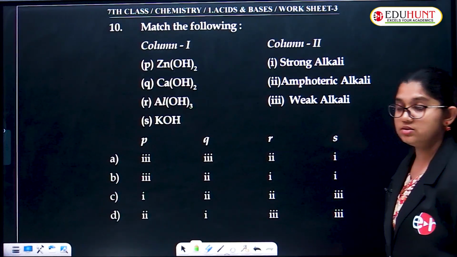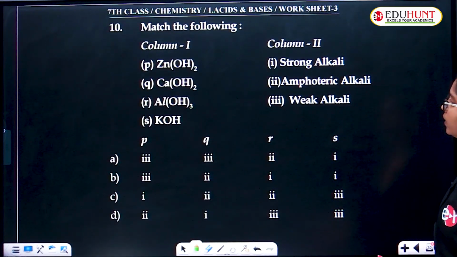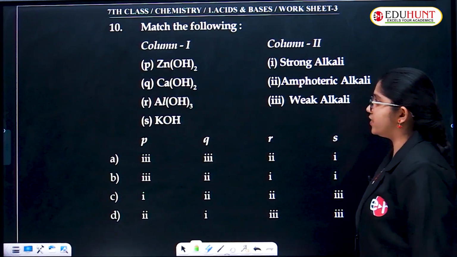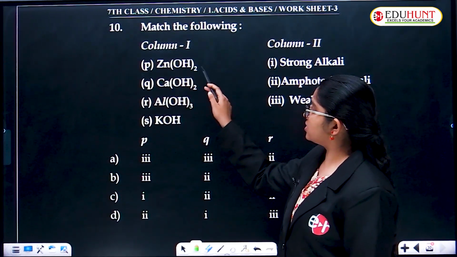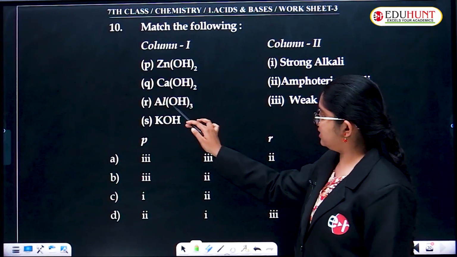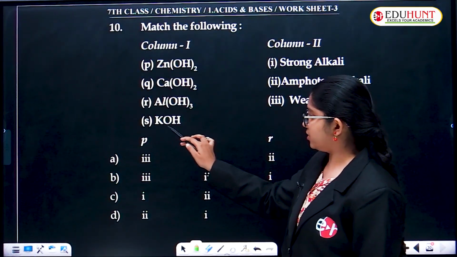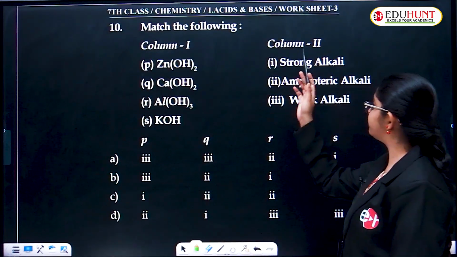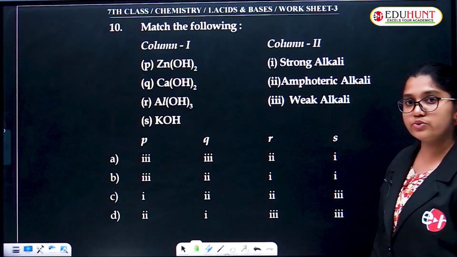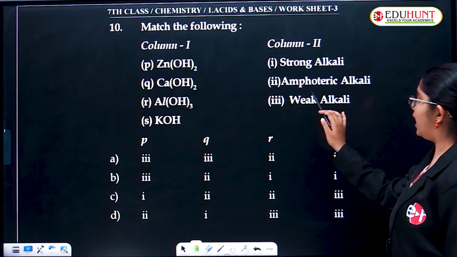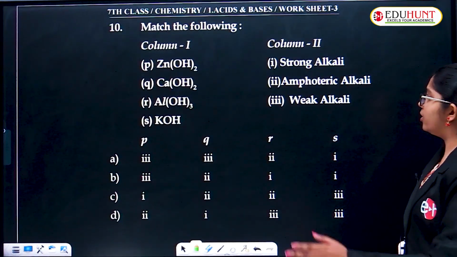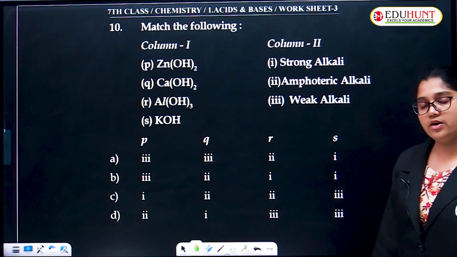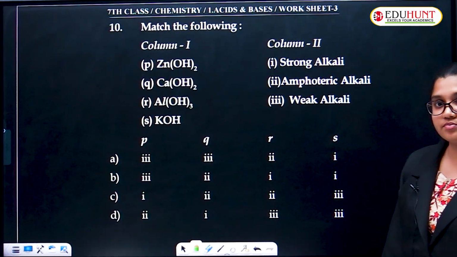Now moving to the next question. Okay, the last question. We have matching, column 1 and column 2, over here. So let's find out. We have four items P, Q, R, S: zinc hydroxide, calcium hydroxide, aluminium hydroxide and potassium hydroxide. In column 2 we have 1, 2, 3: strong alkali, amphoteric alkali, weak alkali. Okay. Children, you know about strong and weak, but do you know about amphoteric?